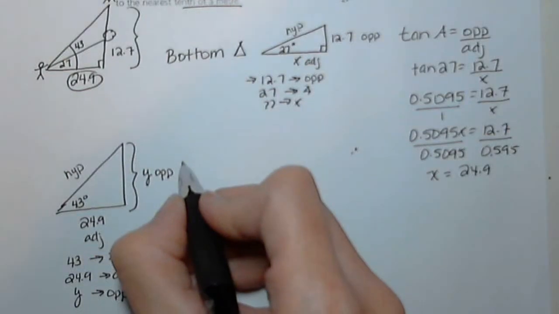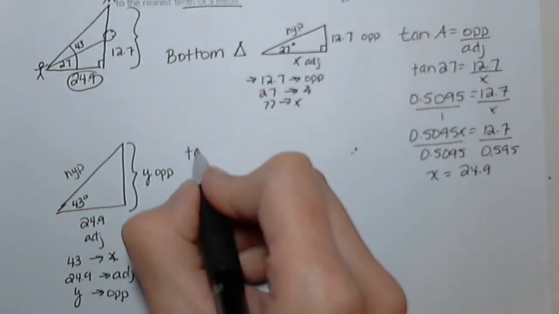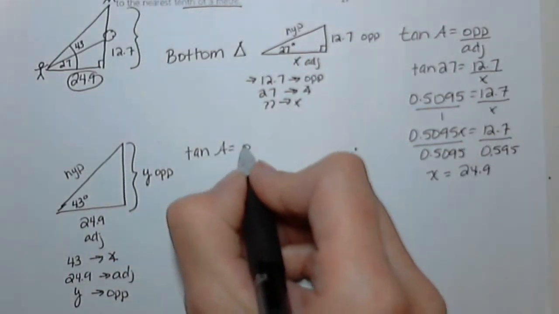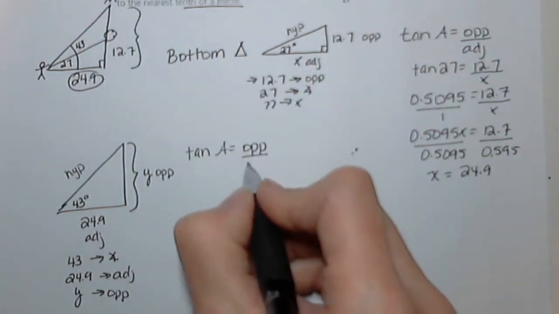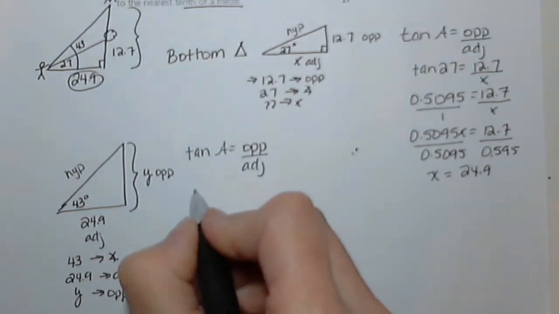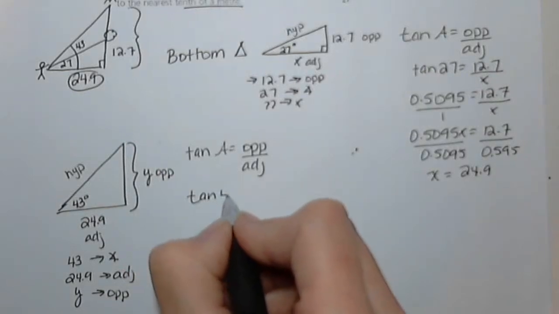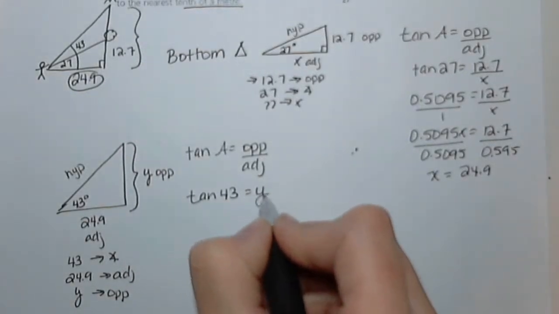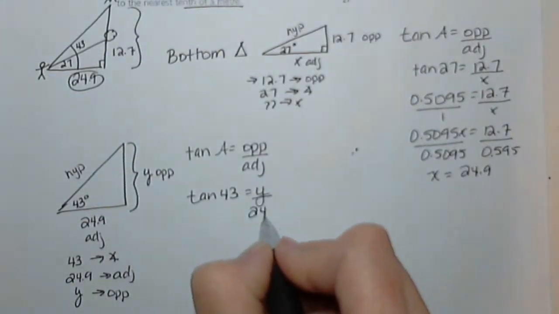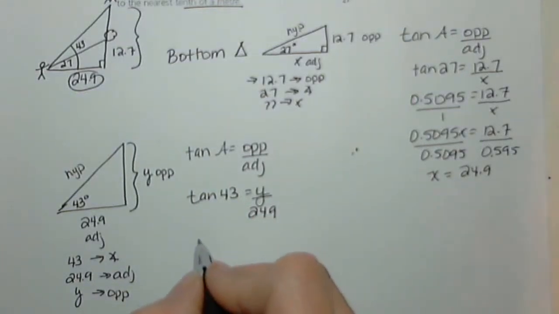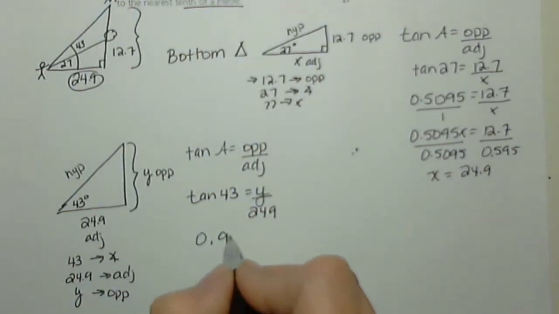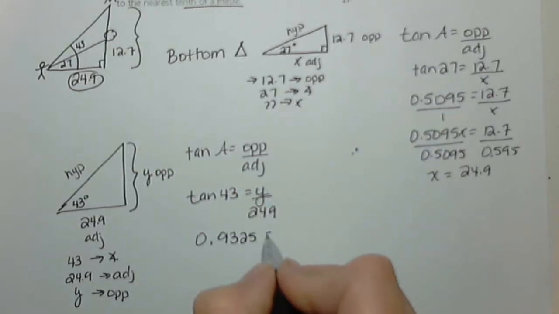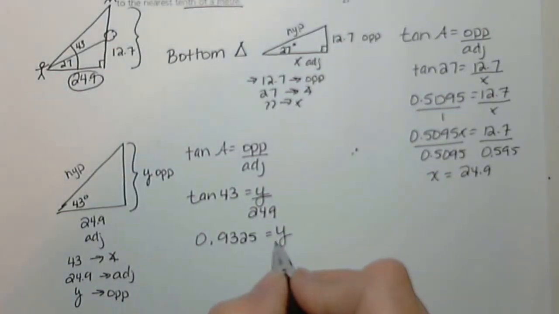We're again going to use tangent for this question. The tan of A is equal to the opposite over the adjacent. The tan of 43 is equal to y over 24.9. The tan of 43 is 0.9325, which is equal to y over 24.9.